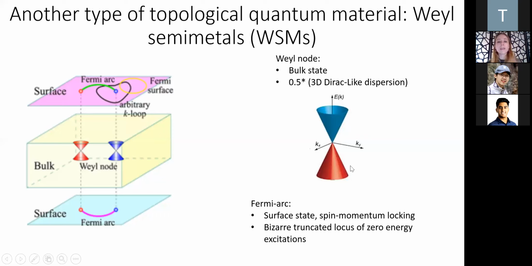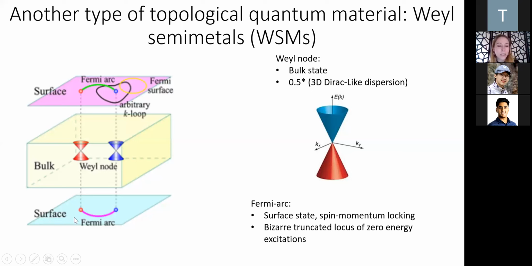In a Dirac material or an ordinary material, at every Kx, Ky, Kz and energy, you would have 2 states where electrons can live, one spin up and one spin down. But for the case of a Weyl semimetal, it's half of that. You would only have one at each state. That's what the bulk is doing.